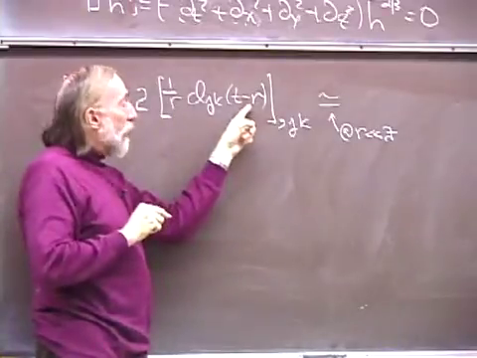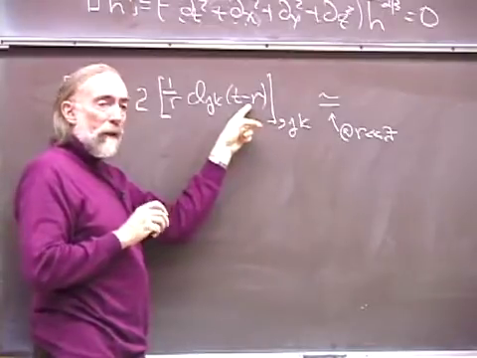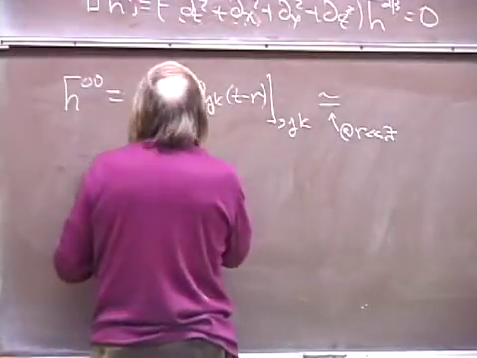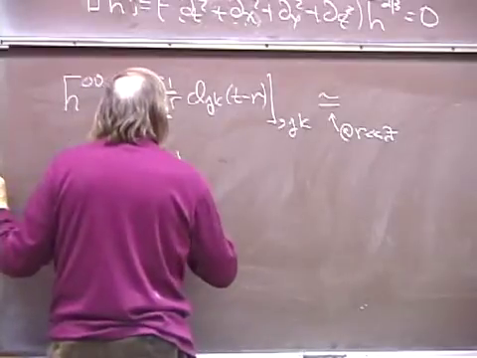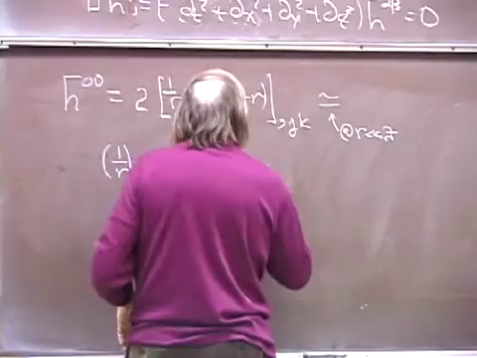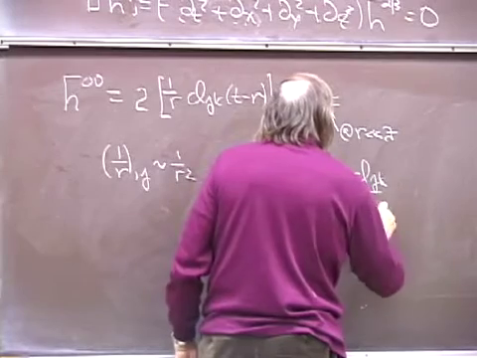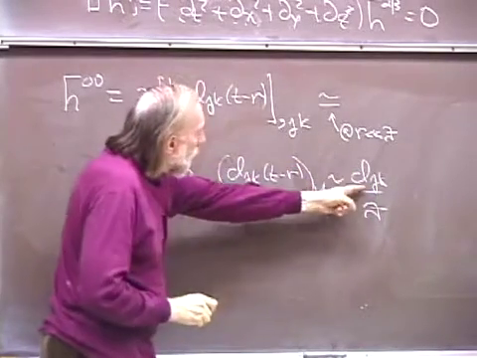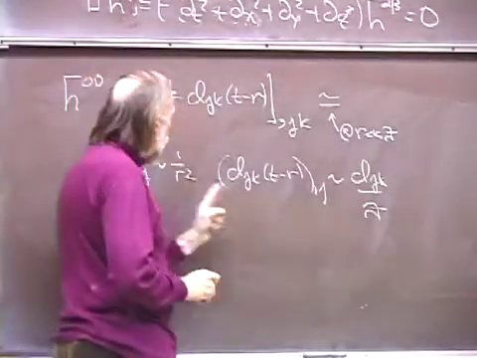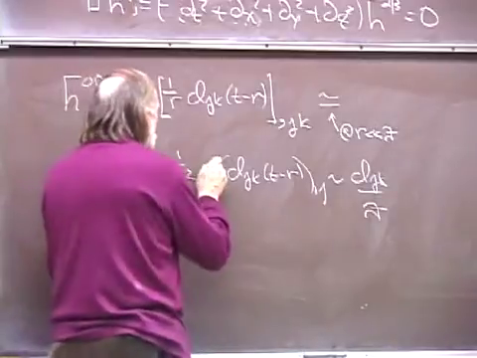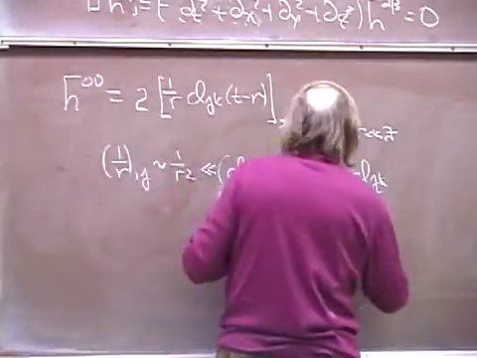If I differentiate the other factor, I get a term like 1 over lambda bar. But lambda bar is big compared to r. So 1 over r comma j is of order 1 over r squared, but I_ijk of t minus r comma j is of order I_ijk over lambda bar. Because lambda bar is big compared to r in the near zone, this one is small and the other dominates, because it has the small factor of r in the denominator.